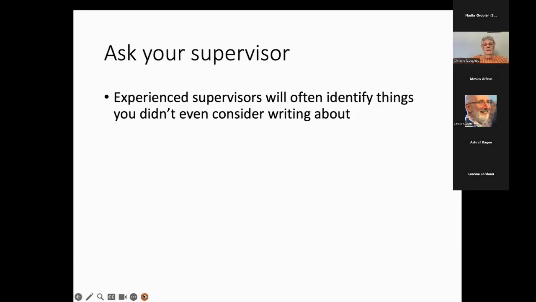So make a note of that. You can write on this later. So the supervisors often have this experience which will allow them to see what you could write on that you don't have. So talk to supervisors, talk to other people in the field, and if you do for yourself identify a point of interest, ask them, do you think I could write on this, and get their opinion? I think that's a really good thing to do.